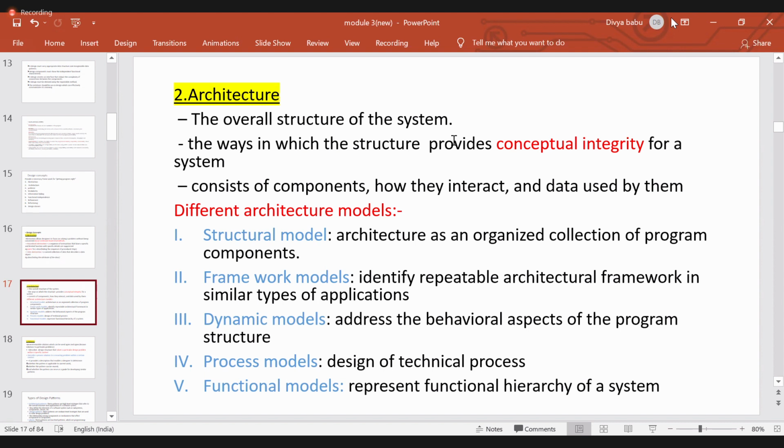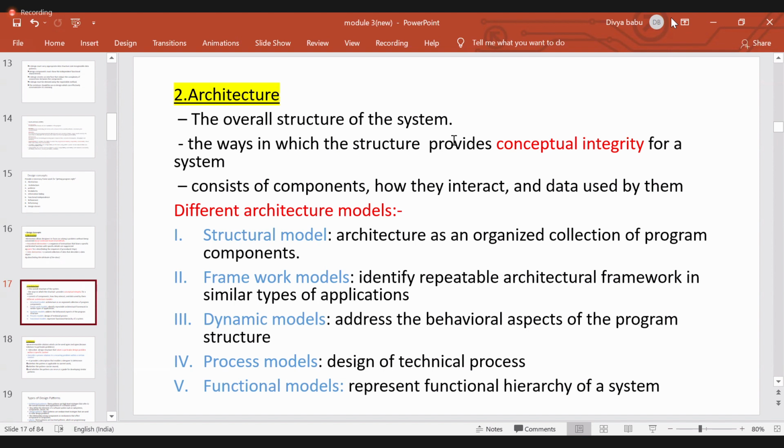Framework model means we identify a repeatable framework for similar types of applications, so you get reusability. It will increase usability, so you can use it for other projects. We create a framework model and you can use the same model for other software. Next are dynamic models.